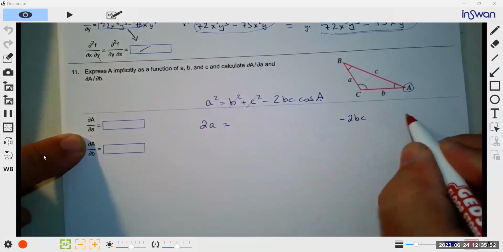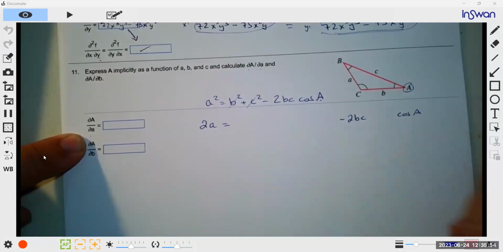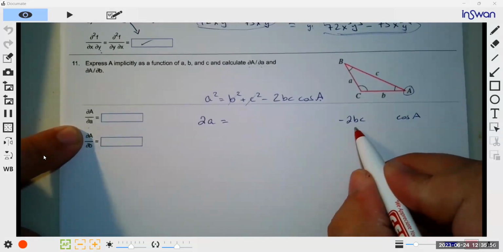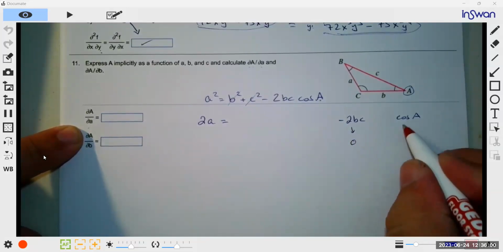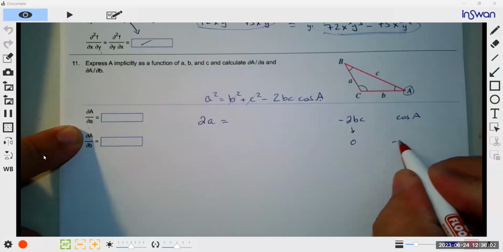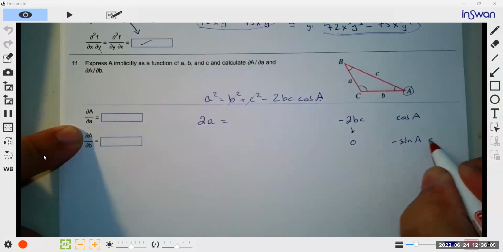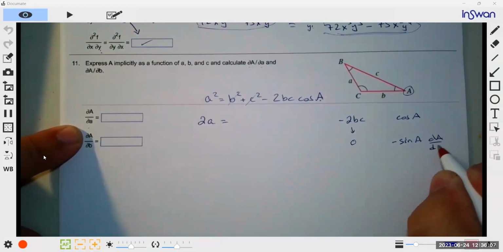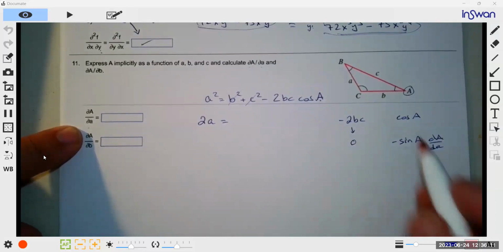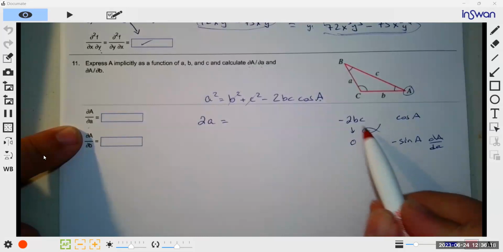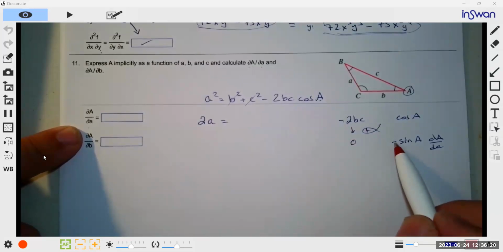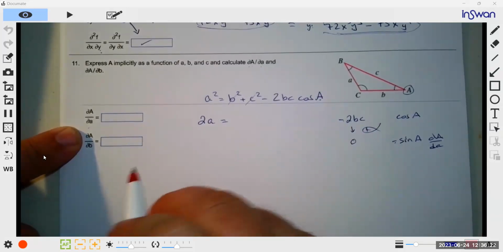Negative 2bc cosine A. The derivative with respect to a is 0 for the constants. The derivative of cosine is negative sine A dA/da. Since it's a product we add, and negative times negative is positive.